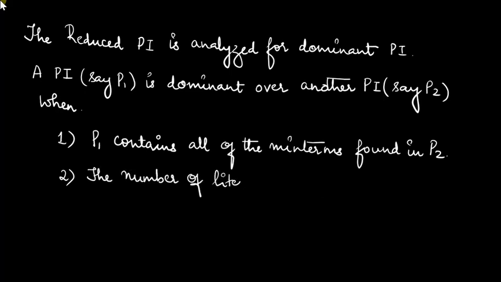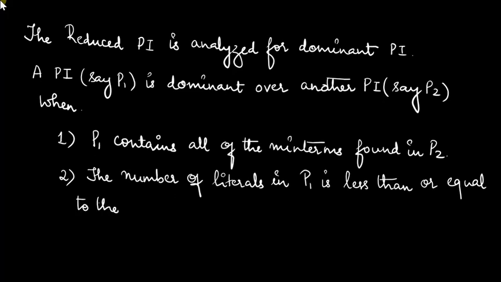So here we will try to solve a question where we will have to form the reduced prime implicant table. What are the requirements that we need to ensure so that we get it?